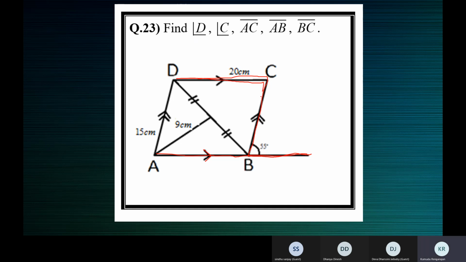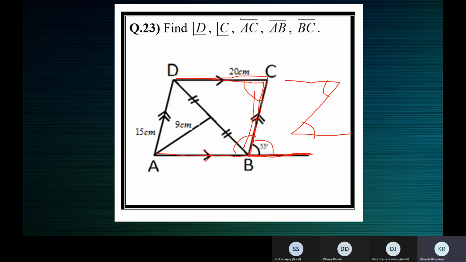So DC is a parallel line, CB is the transversal, and this is again a parallel line. Alternate angles are equal. Angle C is equal to this angle, so angle C is 55 degrees. See the Z there: parallel line, transversal, parallel line. Alternate angles are equal, so C is 55. Or you can say angle B plus angle C is equal to 180, since adjacent angles are supplementary.